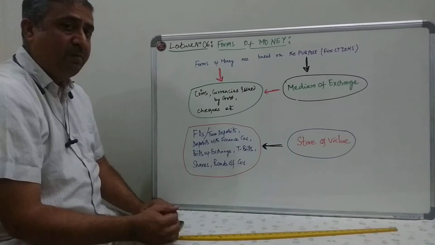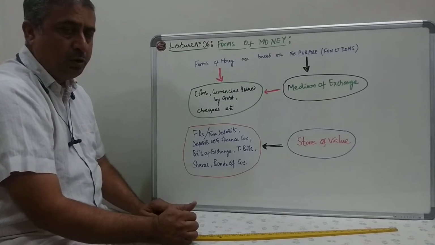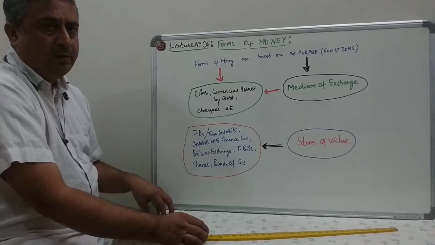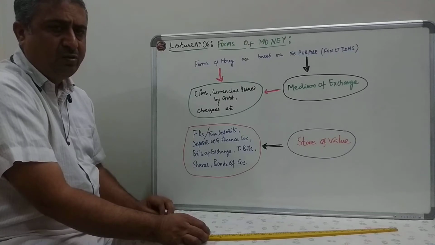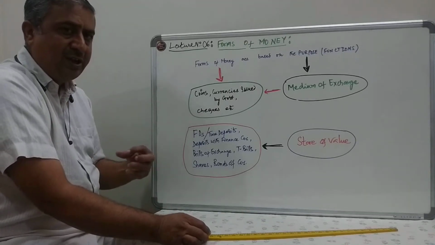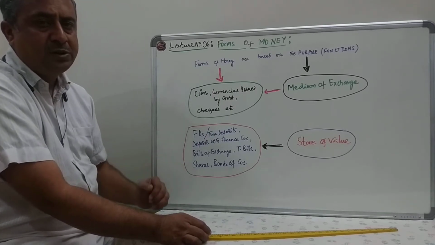Now coming back to the second function, that is store of value. What do you mean by that? A currency or a unit of currency which has certain value stores within itself certain value. That is what we call inherent value or intrinsic value.